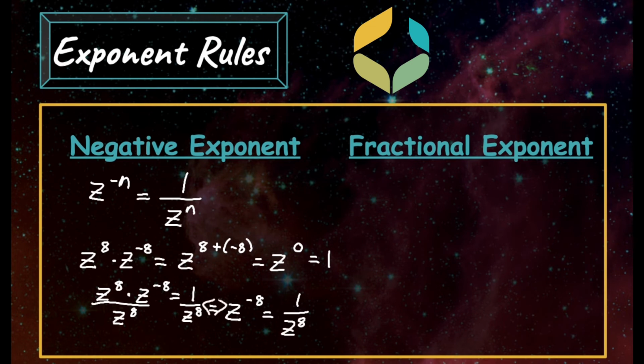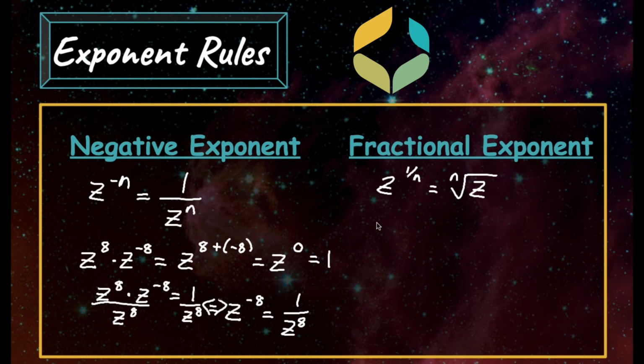Fractional exponents are where roots, like square roots and cube roots, are introduced in this lesson. So if we had z to the power of 1 over n, this would be z to the nth root.